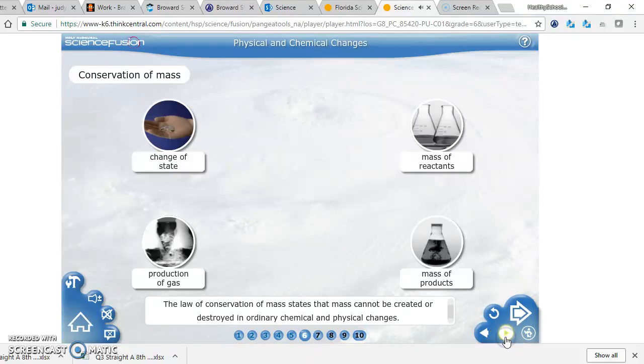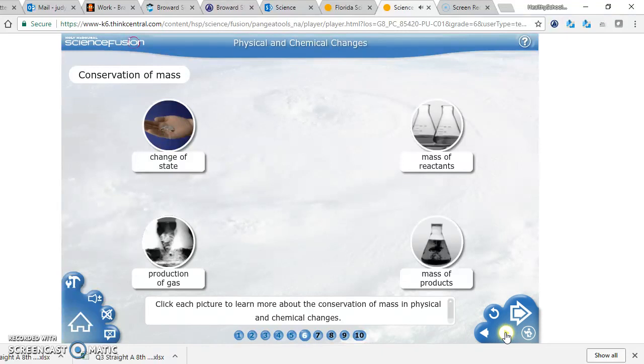The law of conservation of mass states that mass cannot be created or destroyed in ordinary chemical and physical changes. In other words, things cannot appear out of nowhere or disappear.